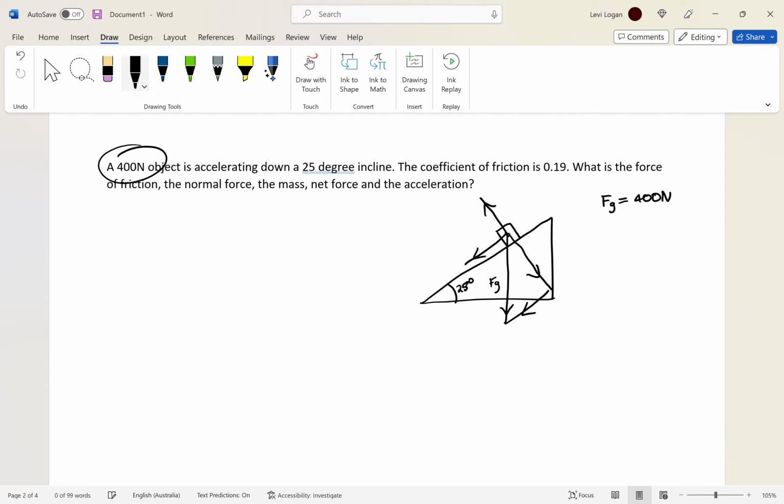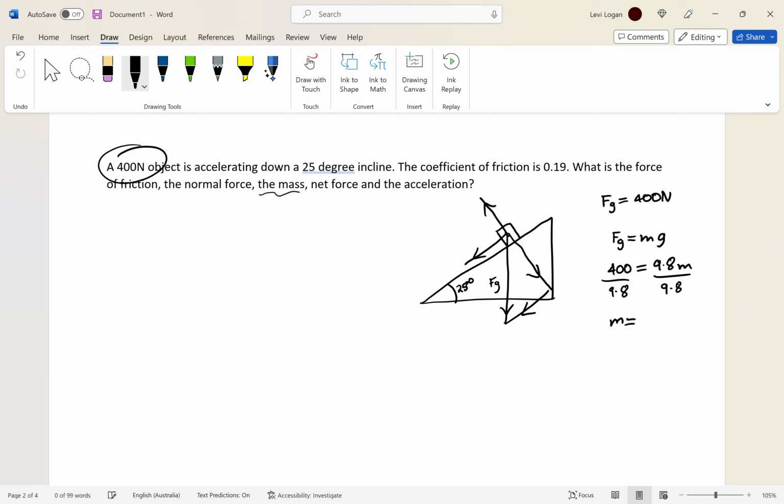Now straight off the back, we can work out the mass of this object, because the force of gravity is equal to the mass of the object multiplied by g, which is 9.8. So 400 is equal to the mass multiplied by 9.8, which is divided by 9.8, and you should get the mass.